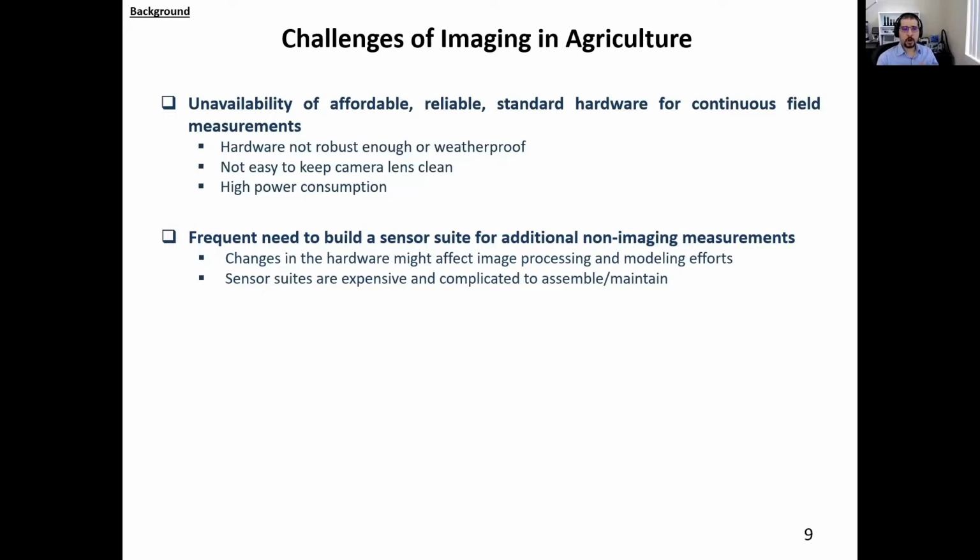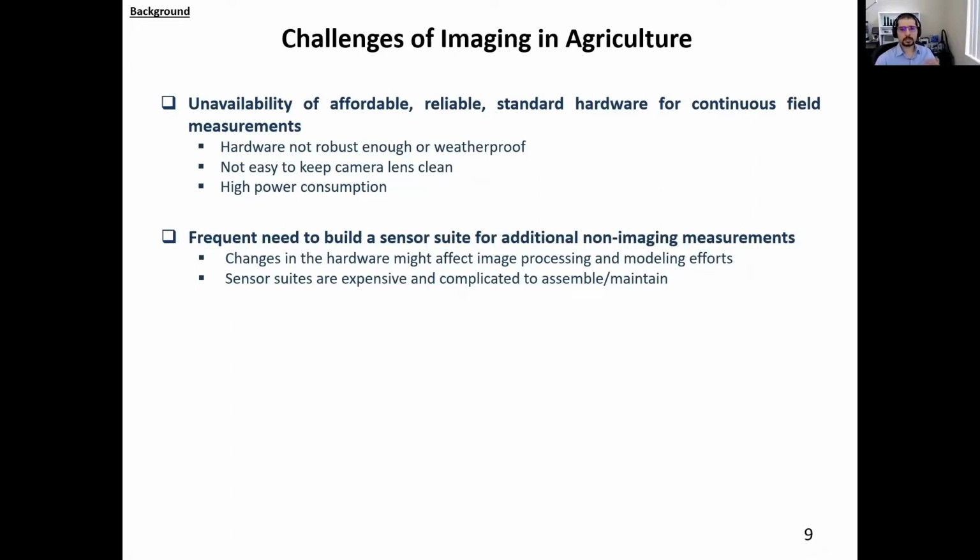And changes in hardware might affect image processing and modeling needs. So when you assemble your own hardware, you use different types of cameras to build a sensor suite. If you disassemble it and assemble it again, this might affect the hardware and consequently the image processing and modeling efforts that were previously done.